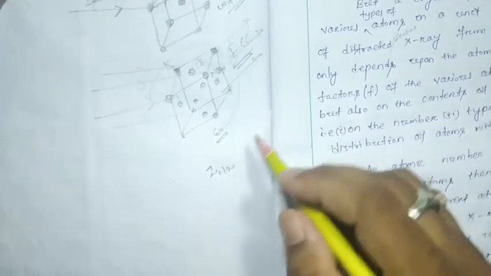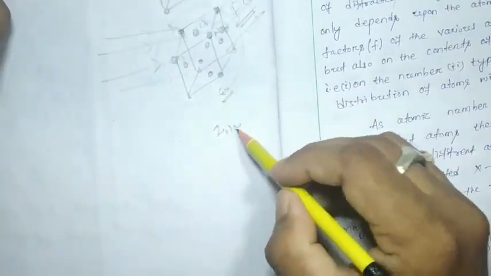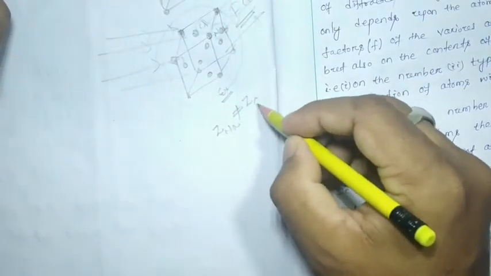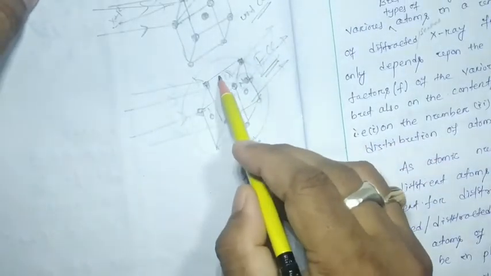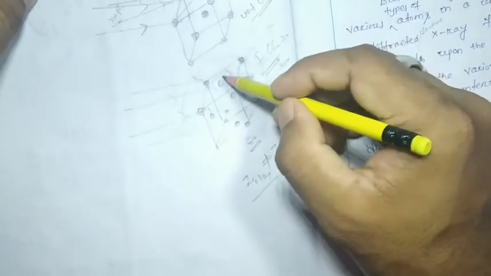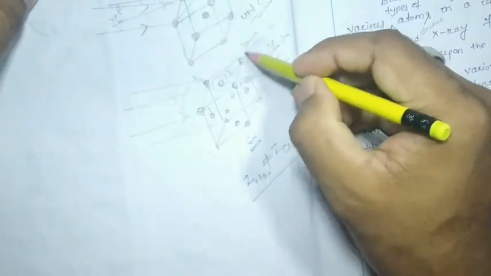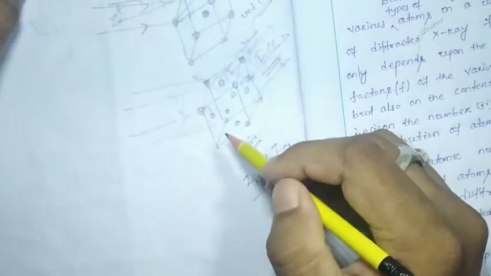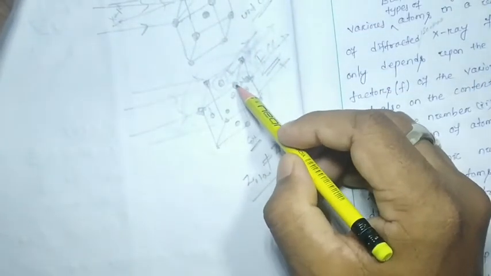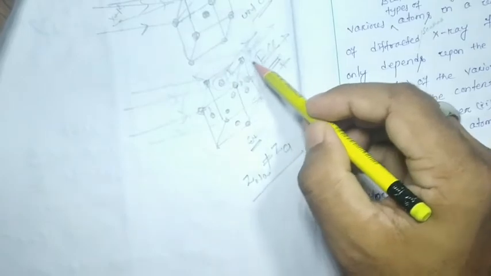Sodium and chlorine have different Z values. The atomic number of sodium is not equal to the atomic number of Cl. So when the incident X-ray interacts with the chlorine, the intensity of the diffracted beam is not equal to the diffracted beam from the sodium atom.